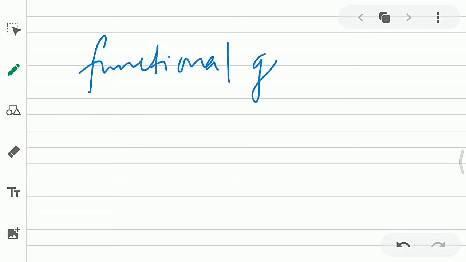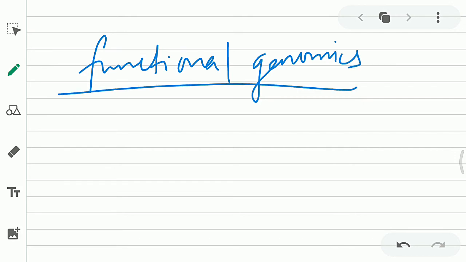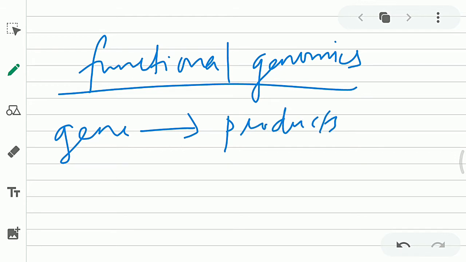लास्ट क्लास में हम SNP तक डिस्कस किया था. Now we will move on to functional genomics. See, this part of the genomics tells us about how the gene produces their products and how these products are actually interrelated and how they function.